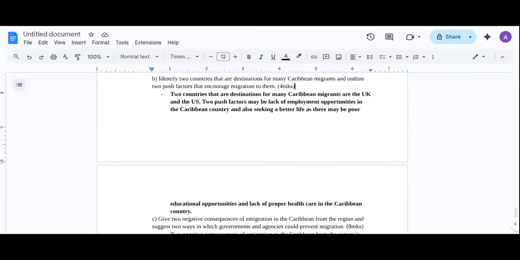So that can kind of help you to remember, the I is coming into a country, E is exiting the country. So 2 negative consequences of emigration to the Caribbean from the region. So let's look at that part first. Negative consequences of emigration.